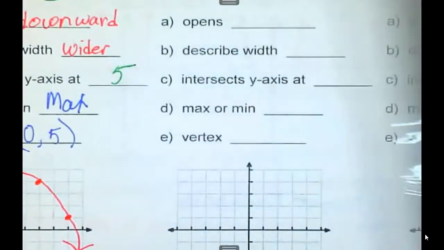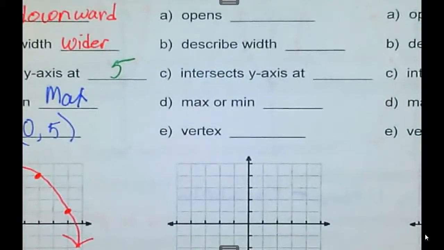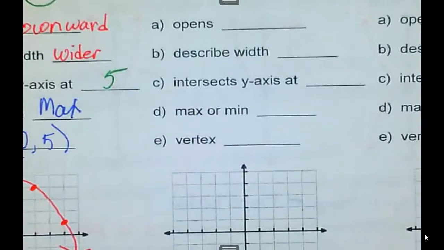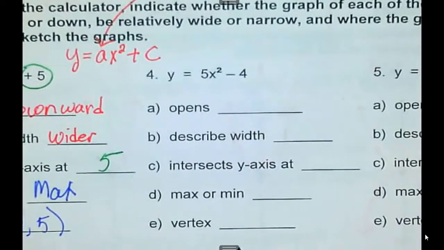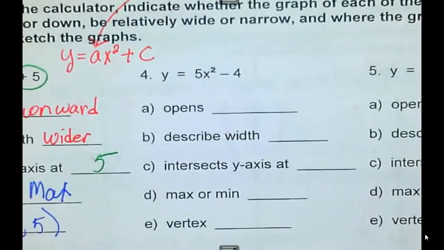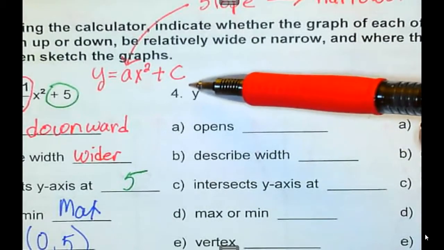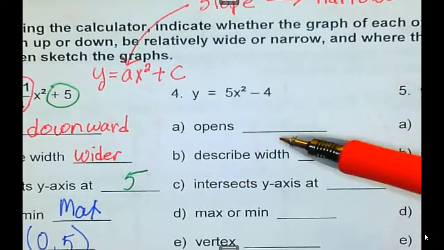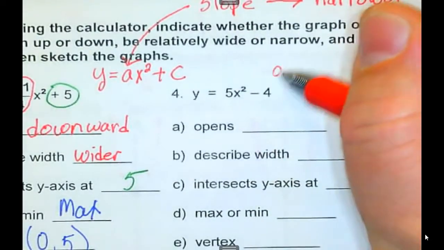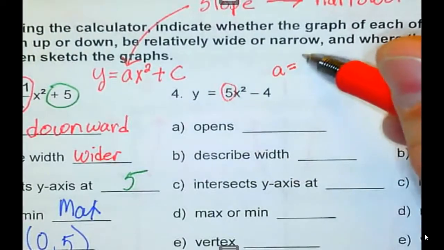Okay, let's do another one. Let's do the next one, the very next one, number 4. Now, if you can do this without a calculator, great. Okay? Again, we're just comparing everything to the parent function. Which way is this? Our a here is what? 5, right?